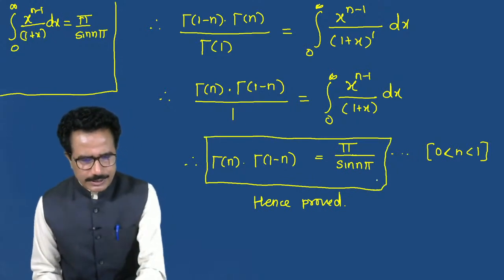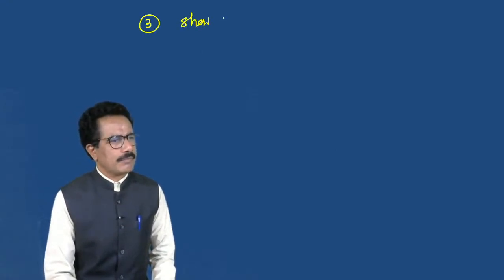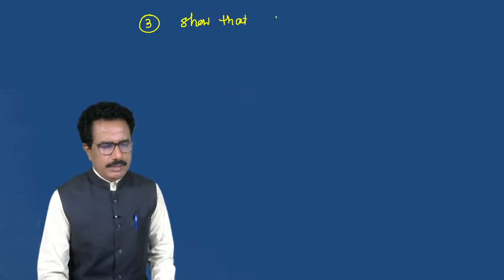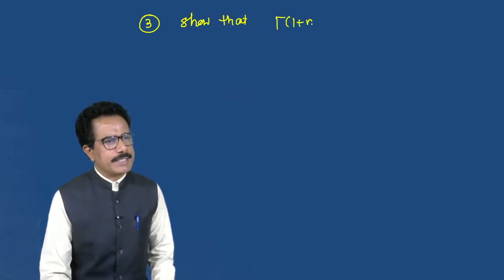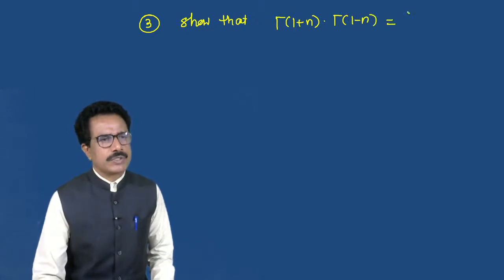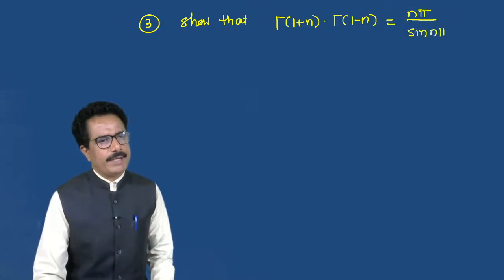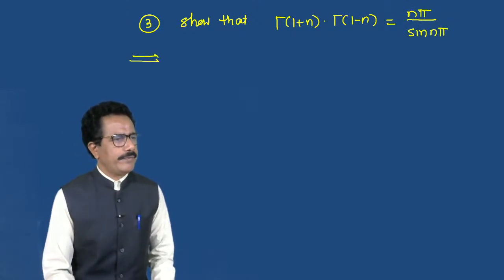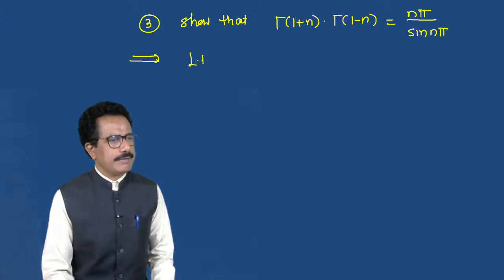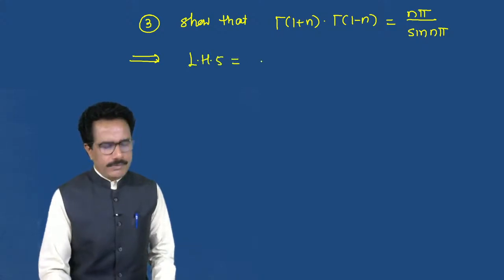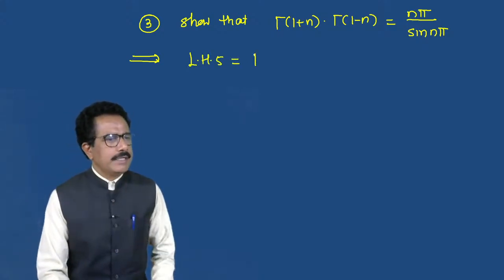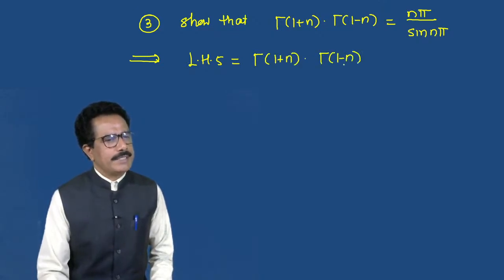Now the third result. Show that gamma of 1 plus n into gamma of 1 minus n is equal to n pi divided by sin of n pi. Proof: LHS. What is the LHS? We can write gamma of 1 plus n into gamma of 1 minus n.